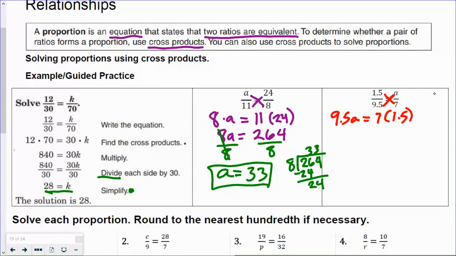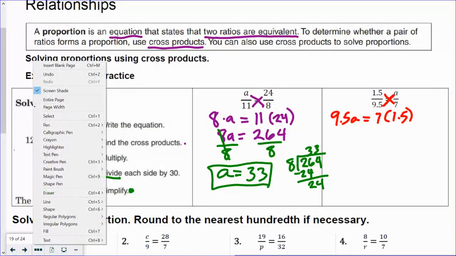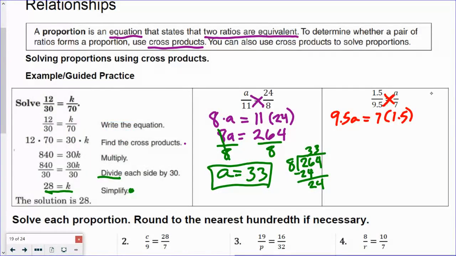Okay, so off to the side is where I'm going to do some of my actual work here. So I'm going to take my 1.5 times 7. Okay, 7 times 5 we know is 35. And then 7 times 1 is 7, plus the 3 is 10. This is where some people are forgetting, oh yeah, we have to move that decimal 1 place.